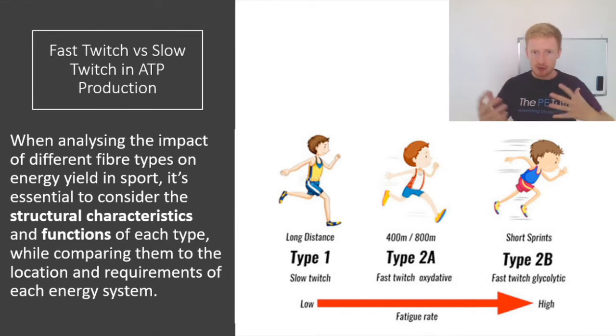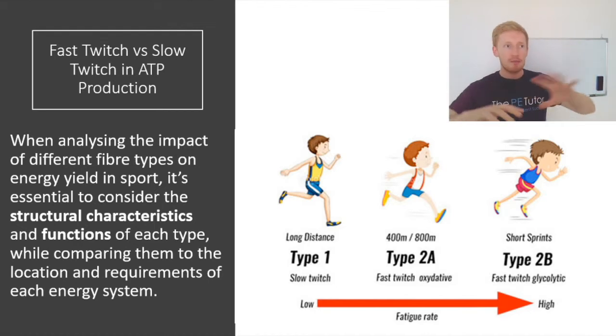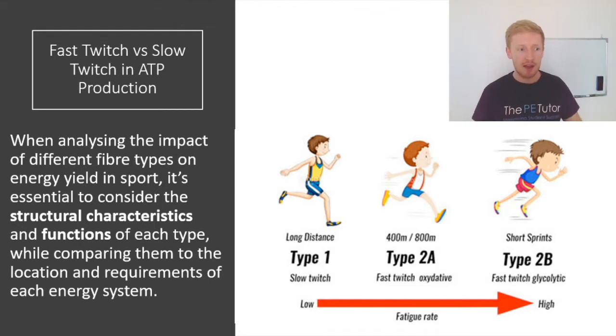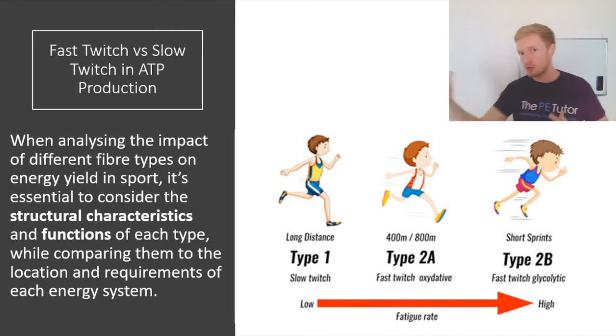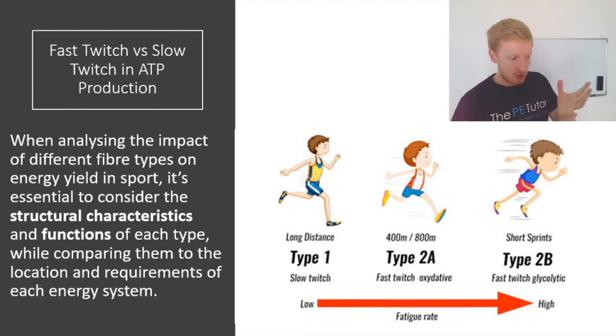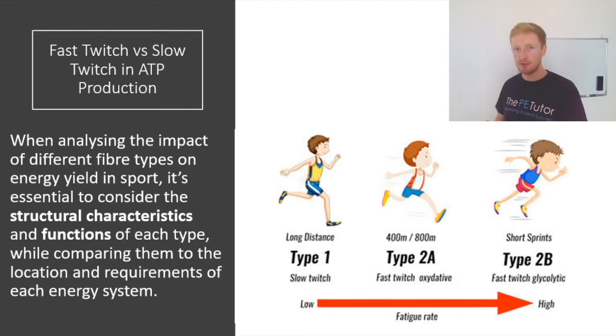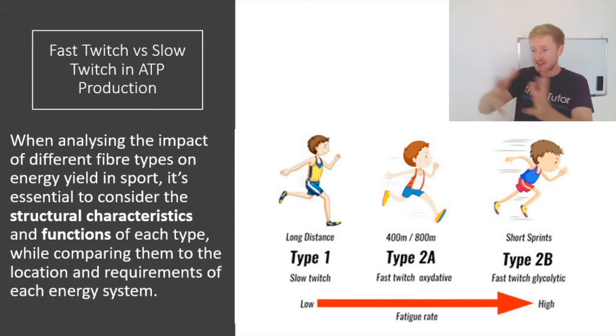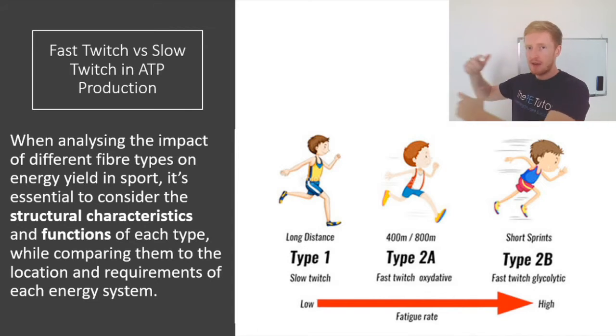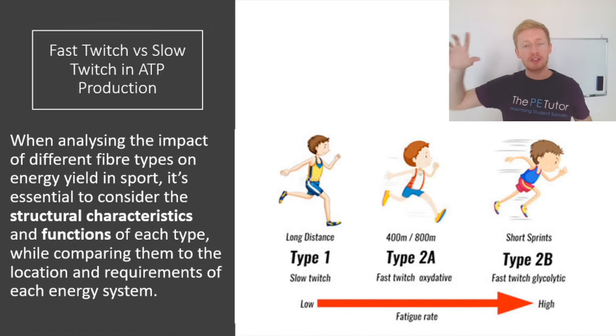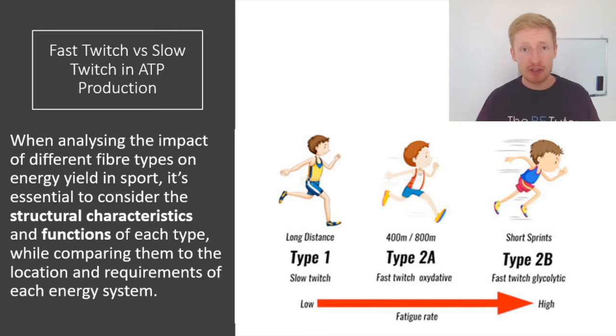So it's not just this magical explanation as to why people are built in a certain way and why certain sports performers are suited to different events. There are structural differences, fundamental differences between each type of muscle fibre, which lends itself to the production of energy in a certain way. And that production of energy can then determine what sporting contexts it's best suited to.